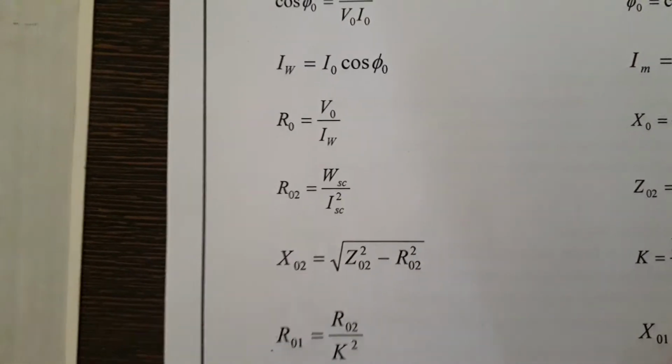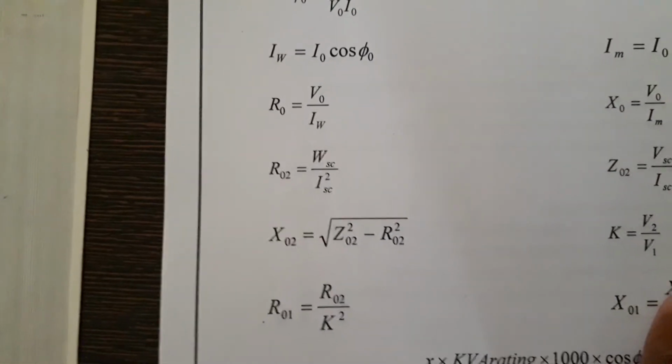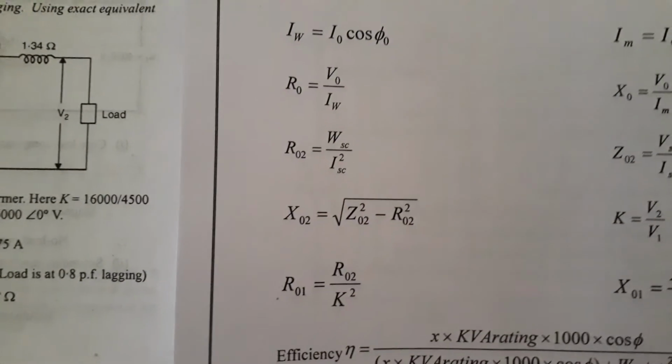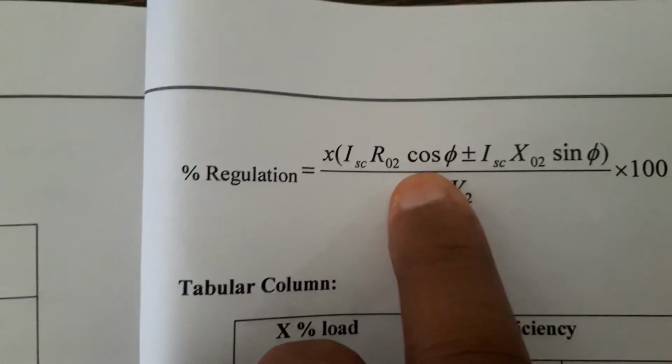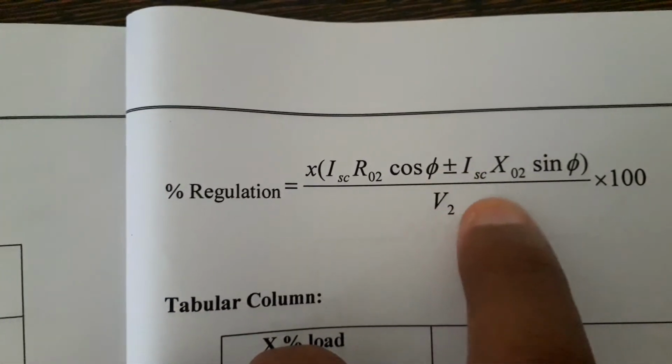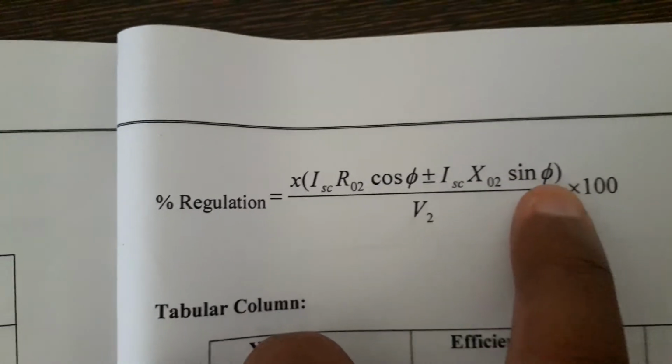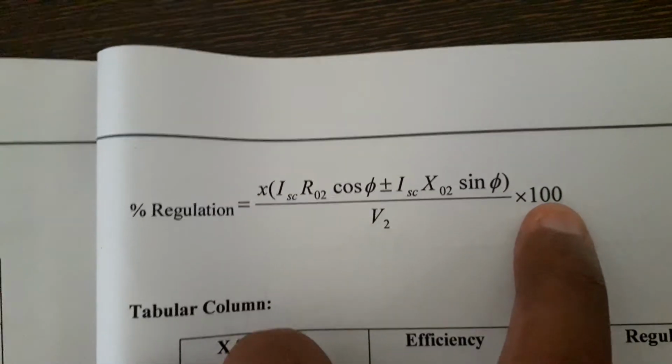Or you can calculate your RO2 like this, from WSC by ISC squared. So RO2 is your resistance in the secondary. We are going to use this RO2 cos phi plus or minus ISC XO2 sin phi divided by V2 into 100.